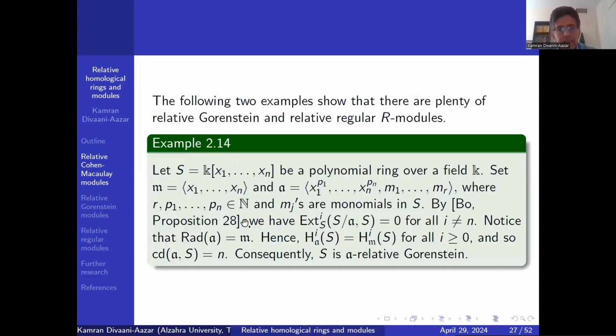In this example, we show that there are a lot of relative Gorenstein modules or rings.